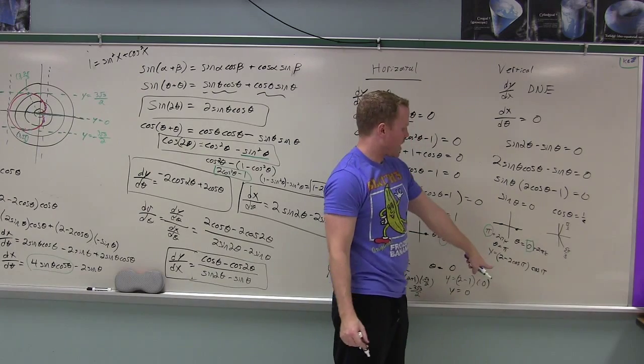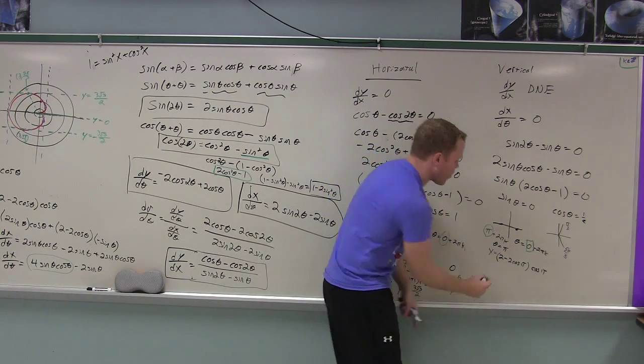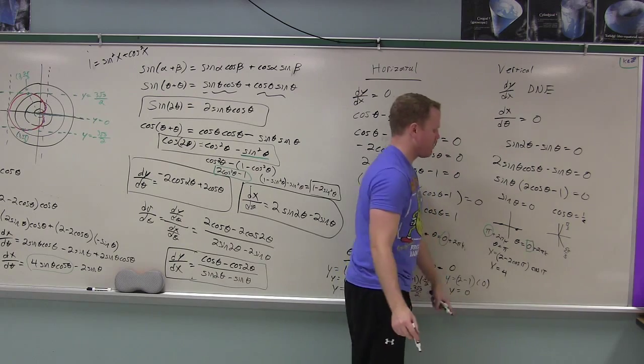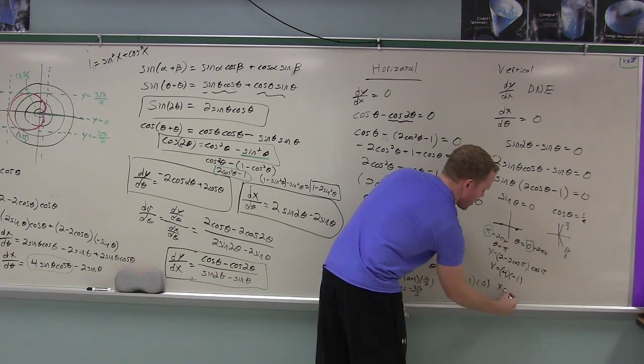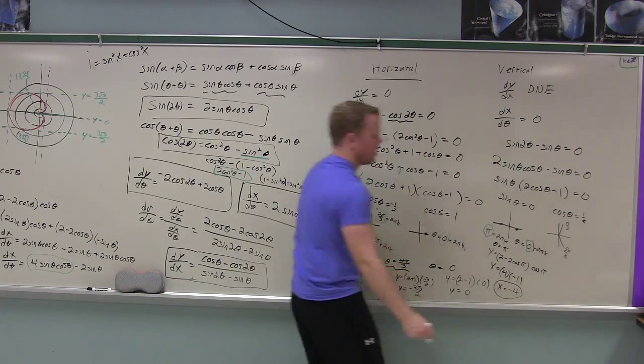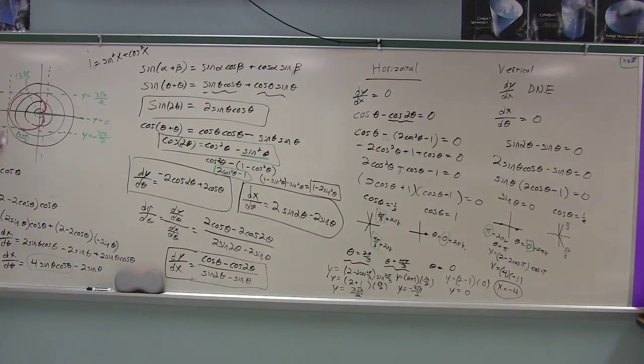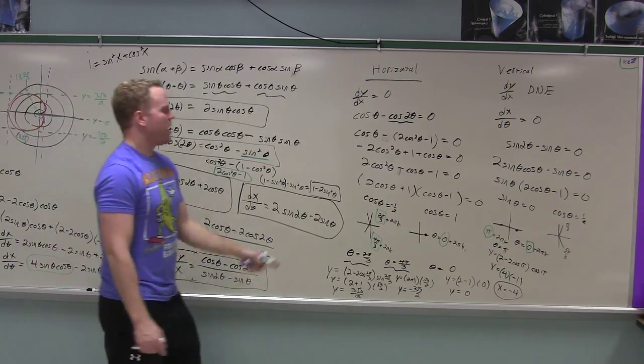So cosine of pi is negative 1. That's going to make this a 4. Cosine of pi is negative 1, again. That's going to make this x equals negative 4. And that's the one you could kind of tell before you even did anything. You were fairly confident, like 99.9% confident that it was going to happen right there.